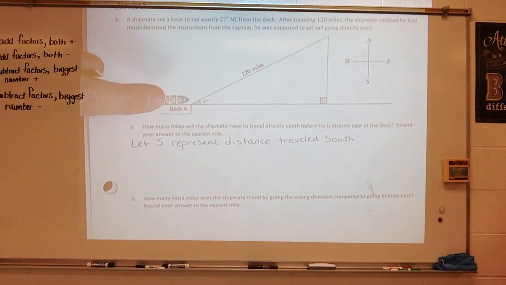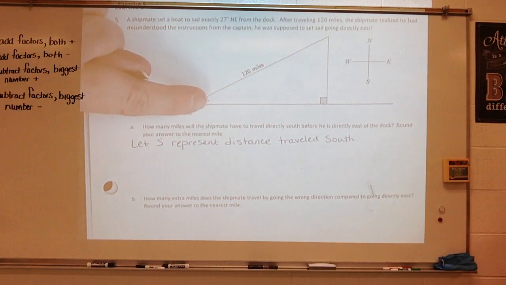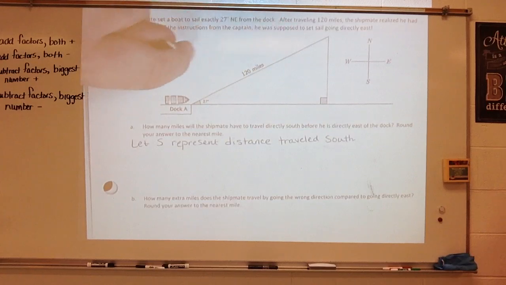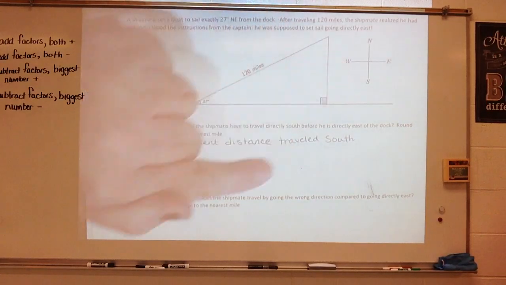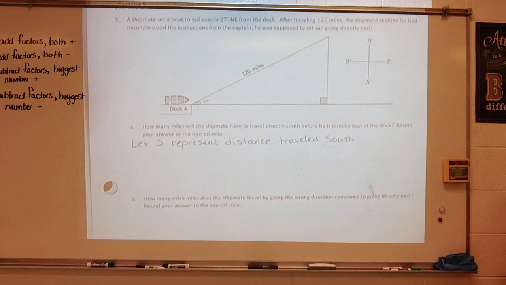Looking at this, I have a 27-degree angle. The distance that he's already traveled is the hypotenuse. I want to find the opposite. So opposite over hypotenuse is the sine.